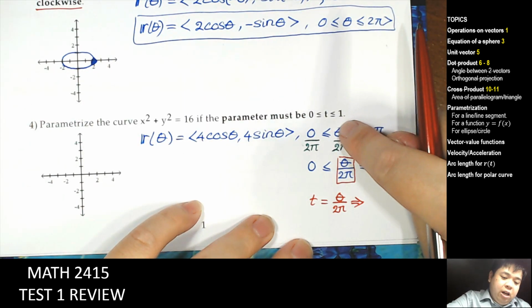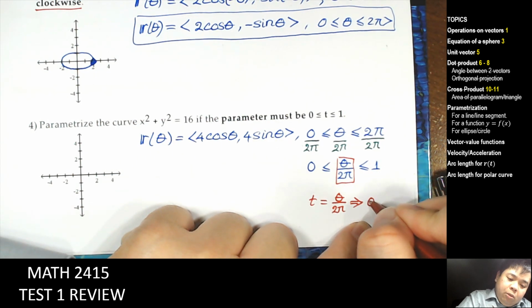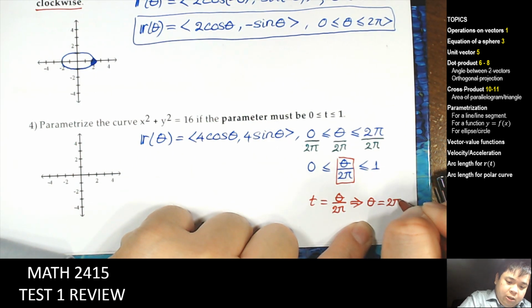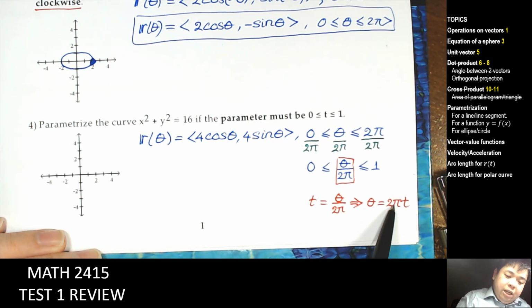So theta over 2 pi must be t. So theta must be 2 pi t. So theta is equal to 2 pi t.